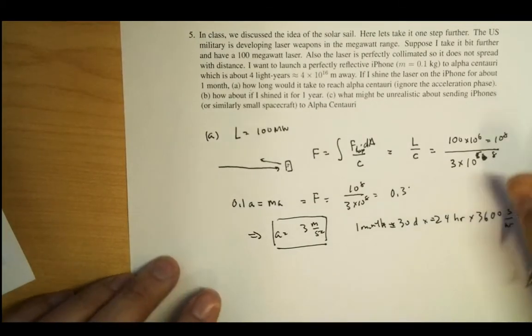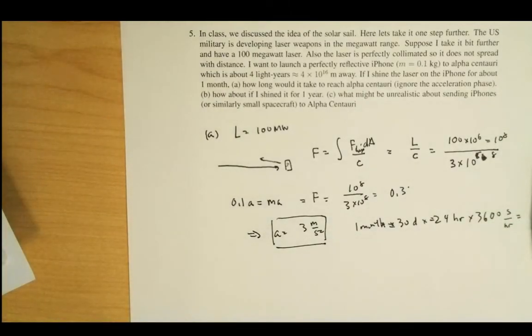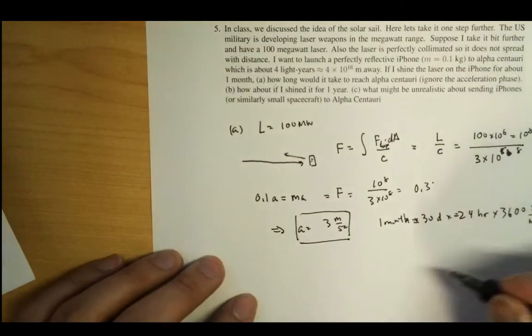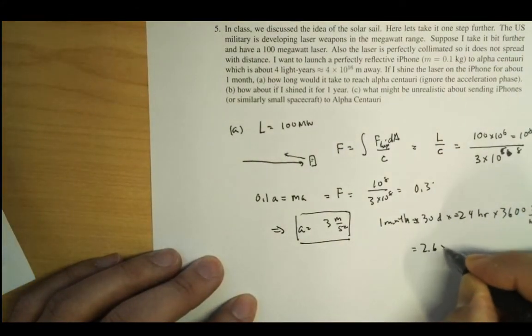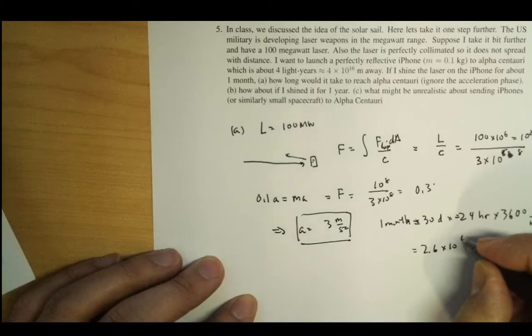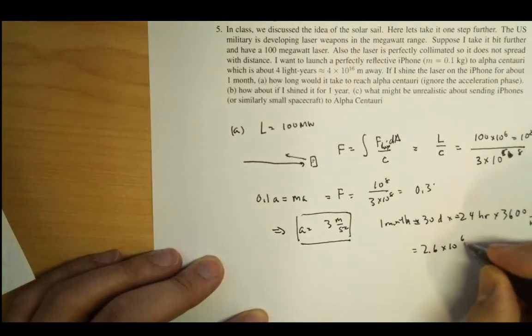I don't have a calculator on me, so I just have to do it on something else. Those 30 days times 24 hours times 3600 come to about 2.6 times 10 to the 6 seconds.